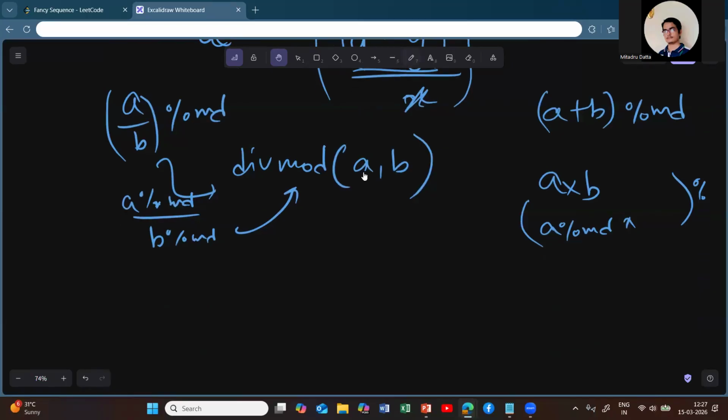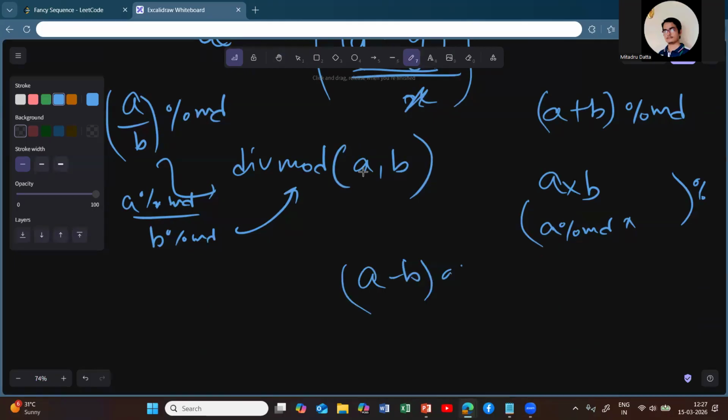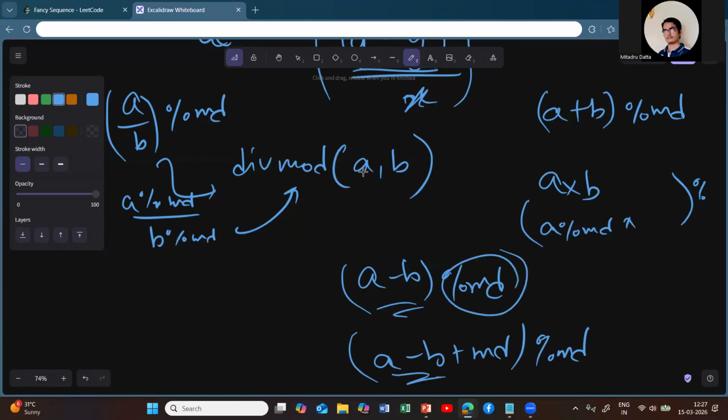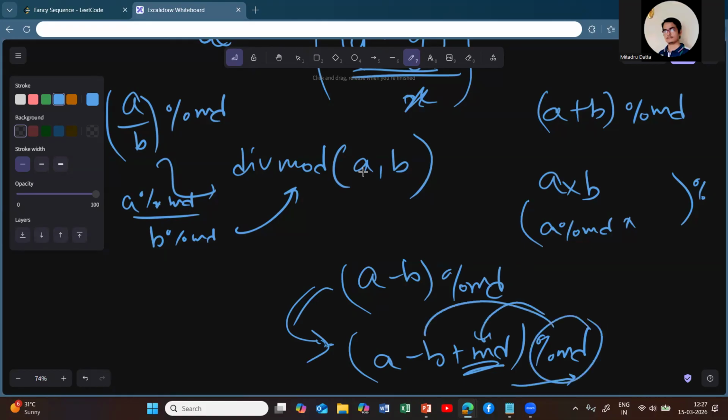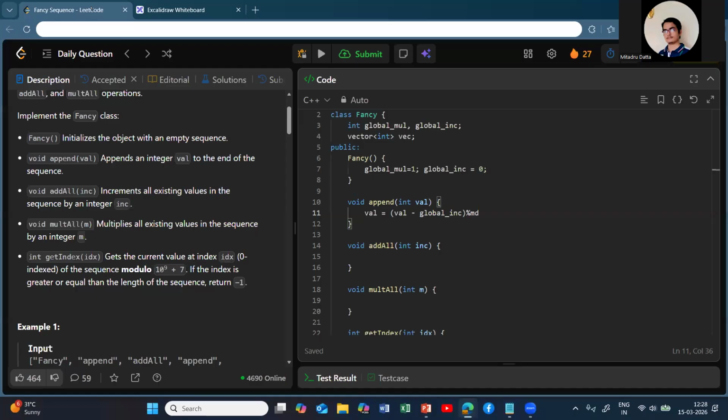So let's say you are doing a minus b whole mod. This is nothing but a minus b plus mod whole mod. Why? Because a minus b can be a negative number, and a negative number you cannot take the modulo of directly. I have explained multiple times why this happens. You just add modulo and then do the modulo, because mod is nothing but 0 only. If you perform a distributive operation with each of them, it is nothing but that only. So in order to get rid of the negative values, we do this.